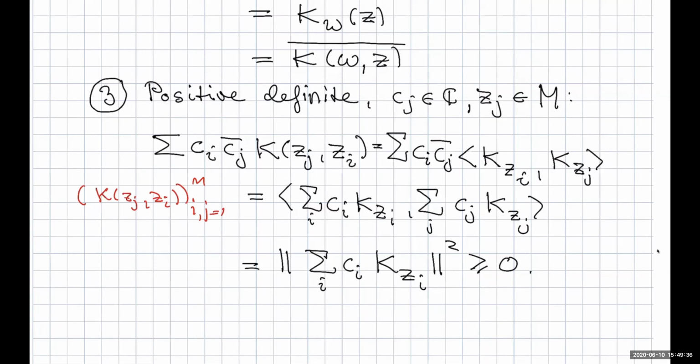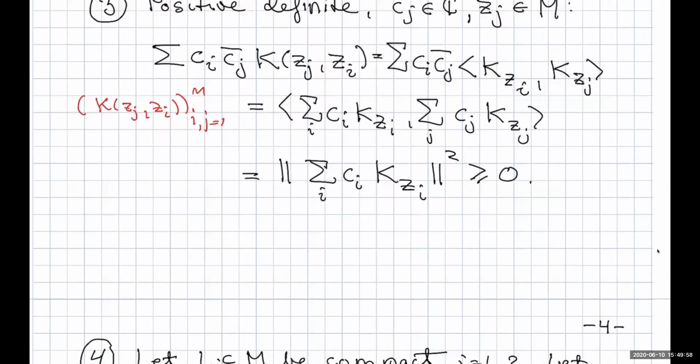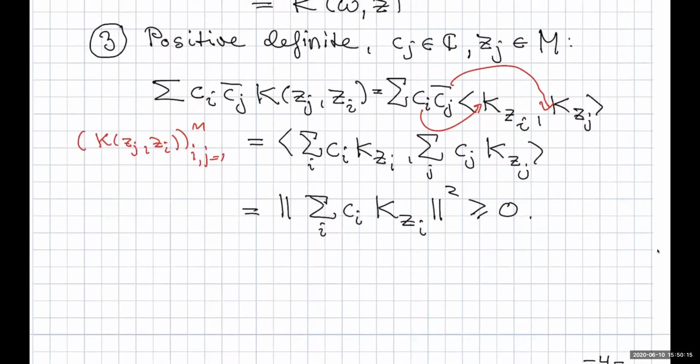Because what stands there is really the matrix applied to the vector c_1 up to c_n, with the inner product with this vector. So it is non-negative because you just write it down. This is an inner product between those two vectors. Now you take this one in here, you take this one in here, and you get the sum. And this is just the norm of this finite linear combination. And that is non-negative.